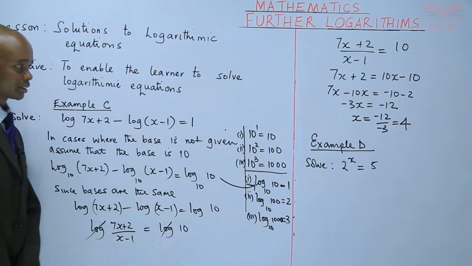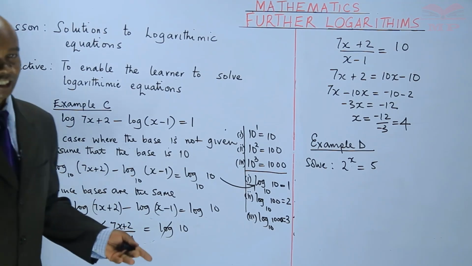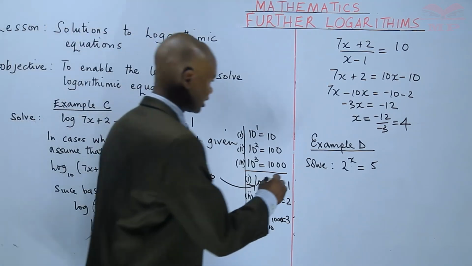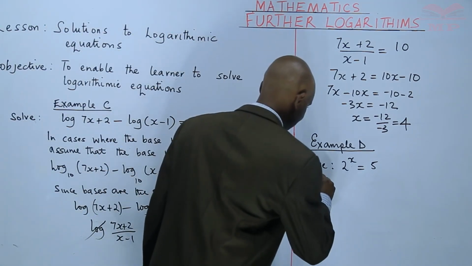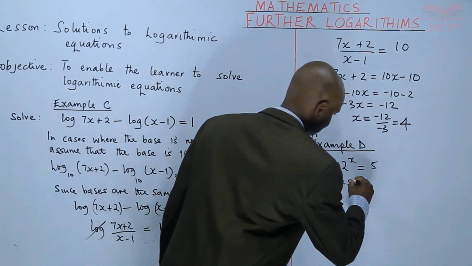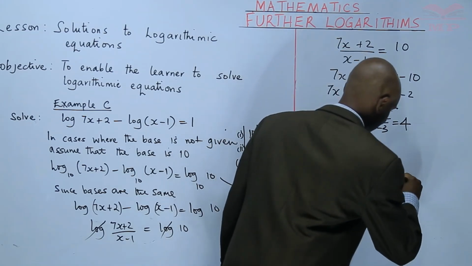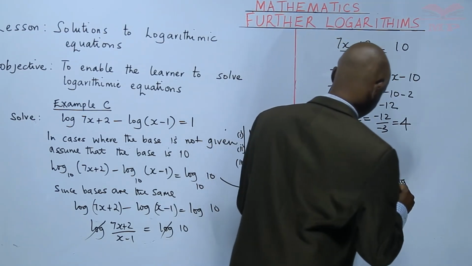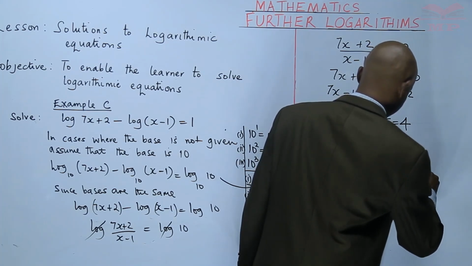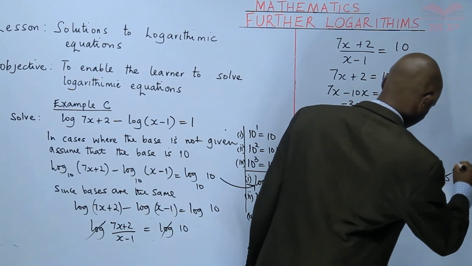2 raised to x is equal to 5. Where the logs are not given, you assume, like in the first case. This can be written as log 2 raised to x is equal to log 5.